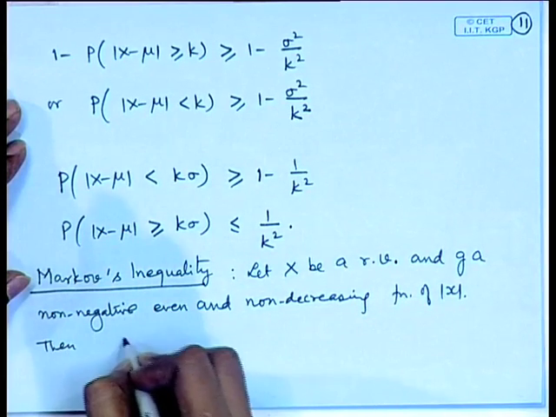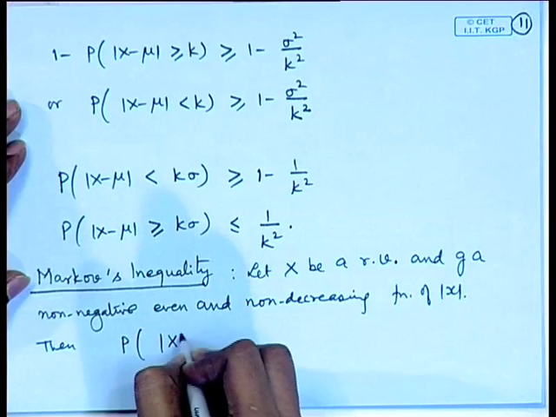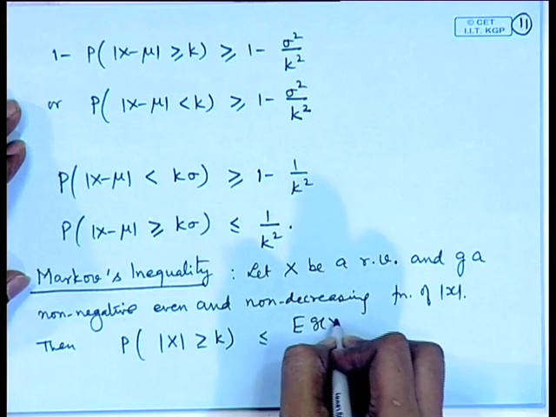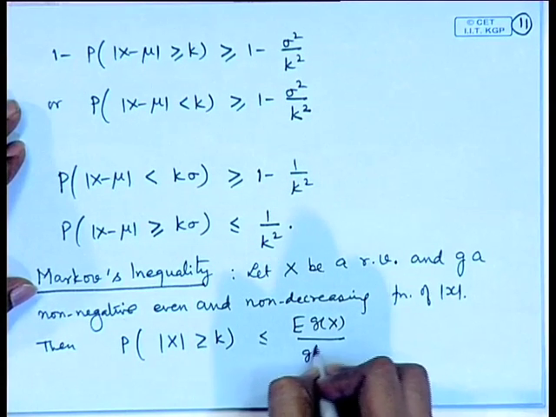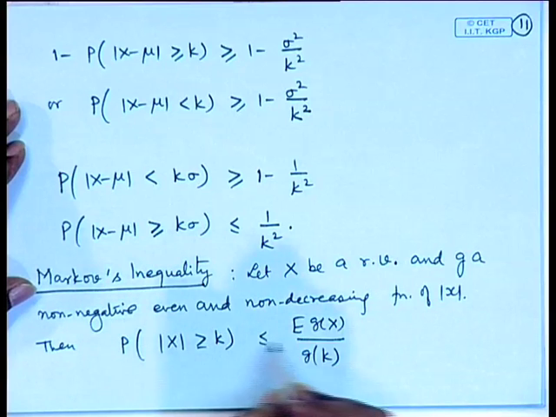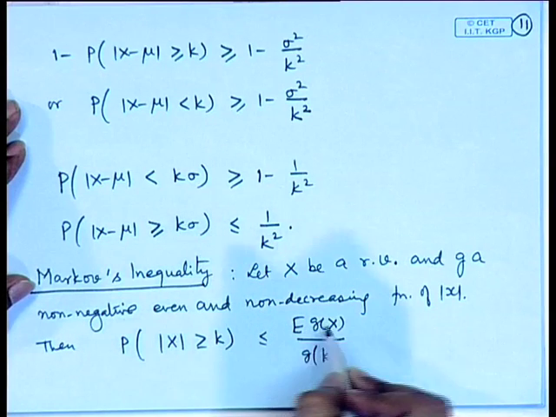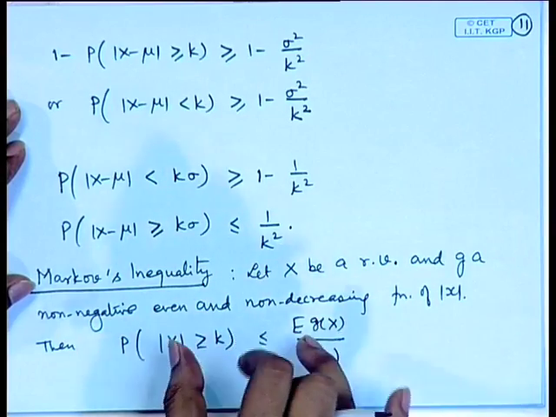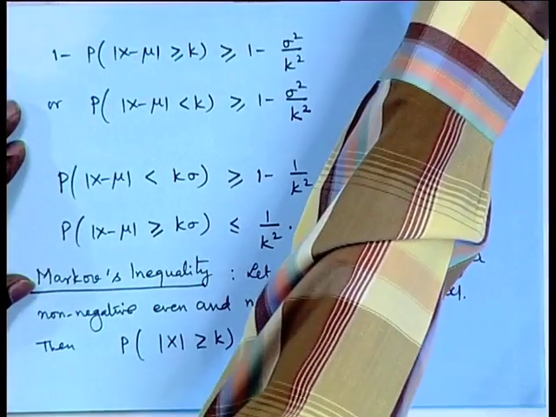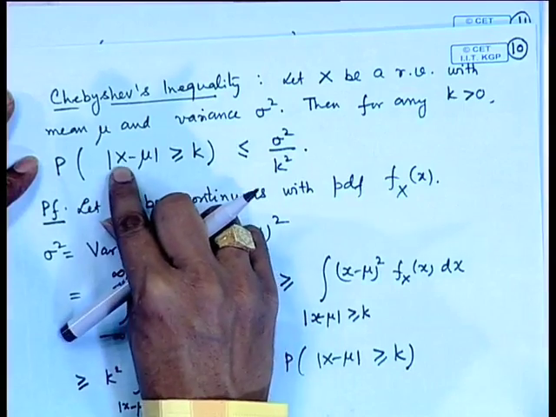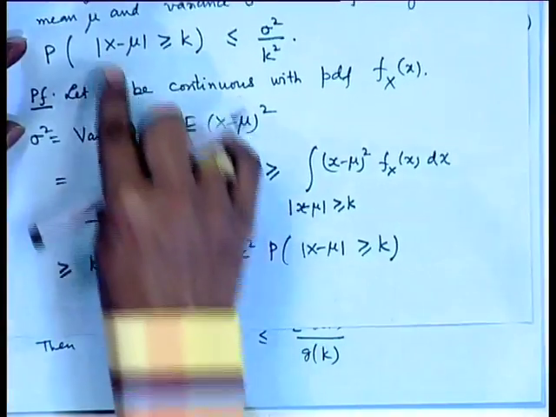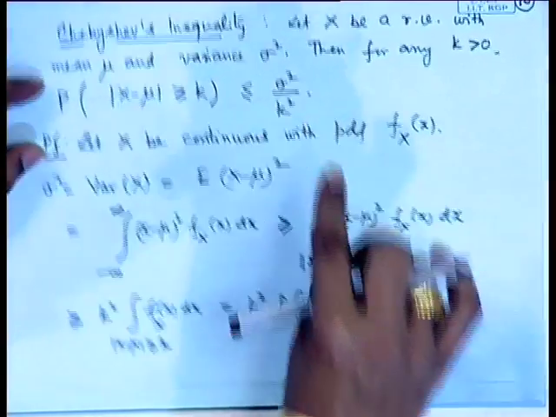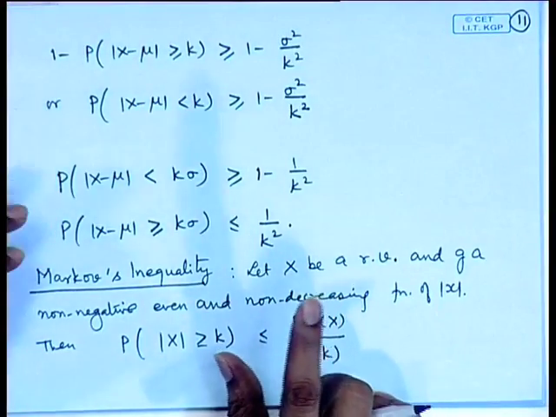Then probability of modulus x greater than or equal to k is less than or equal to expectation of g x divided by g of k. You can see that if I replace x by x minus mu and take g as the squared function, that is x square, then this Markov inequality gives Chebyshev's inequality. So, this is a more general inequality of the same type.